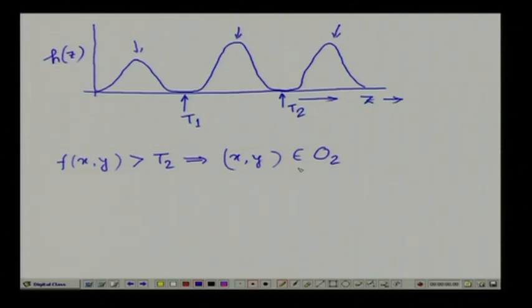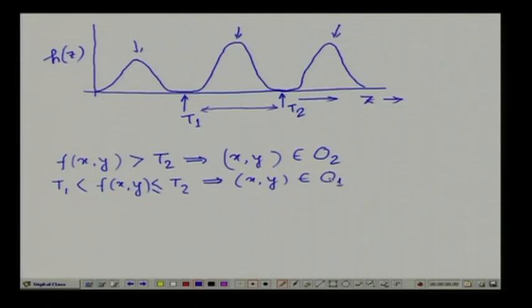In the other case, if a pixel has an intensity value greater than T 1 and less than or equal to T 2, that is T 1 less than f x y less than or equal to T 2, then this indicates that the corresponding pixel x y belongs to object O 1.